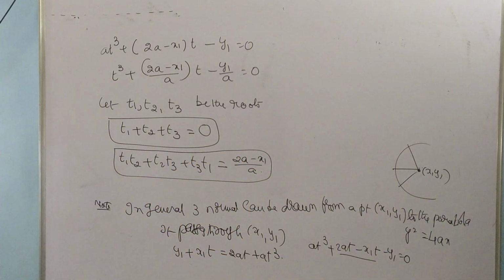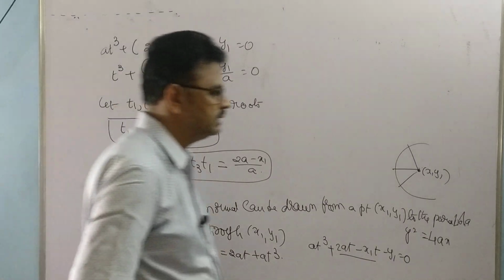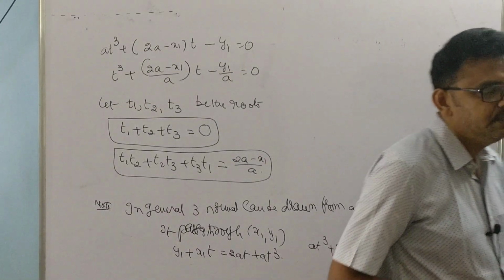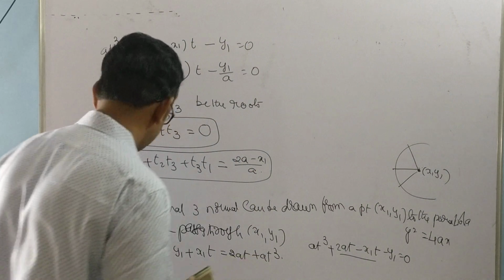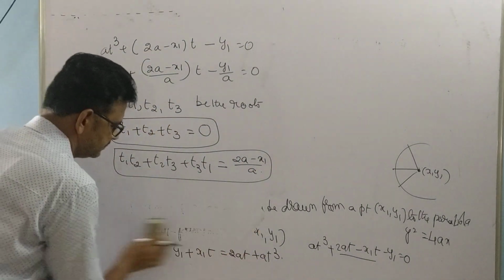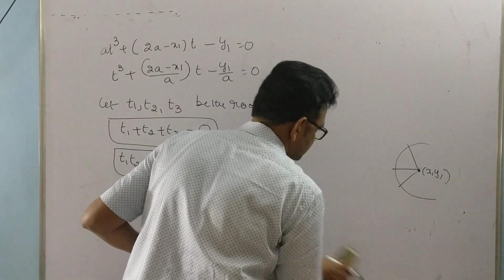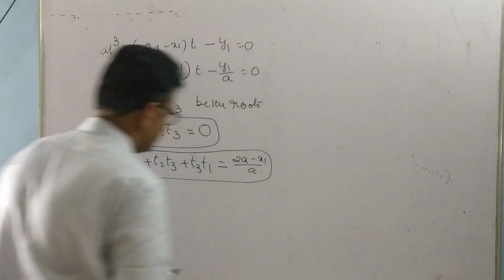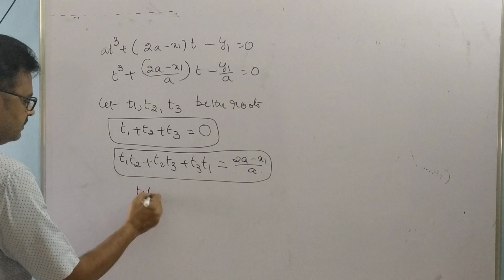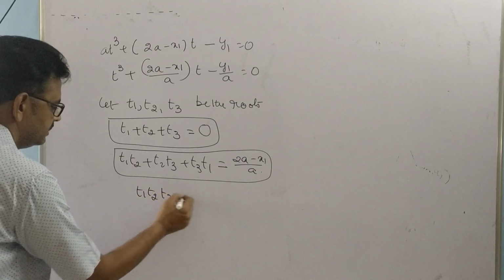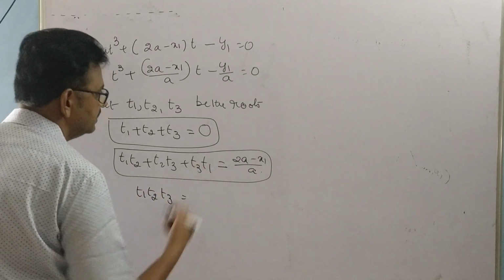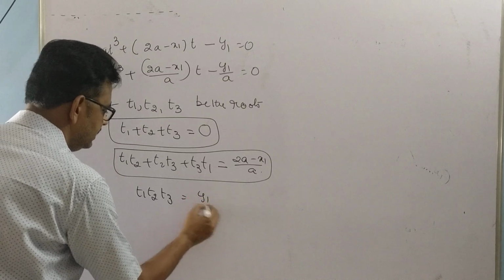Next one, product of roots. Product means T1 T2 T3. So T1 T2 T3 is equal to minus P3, that is y1 by a.